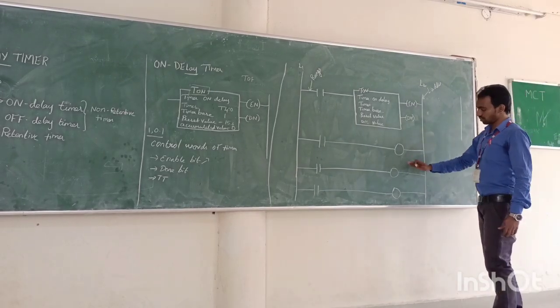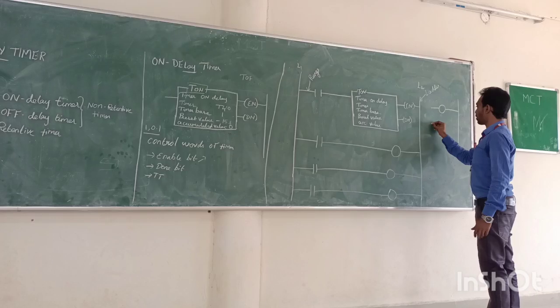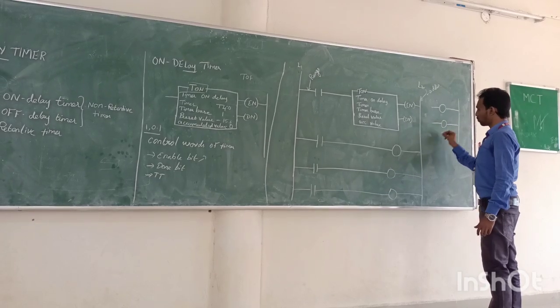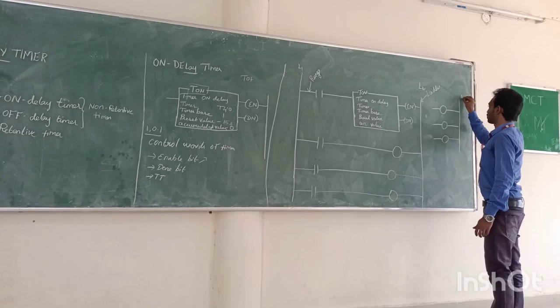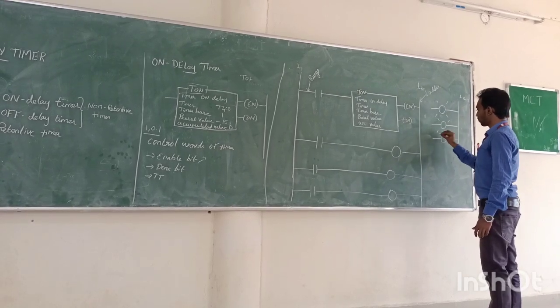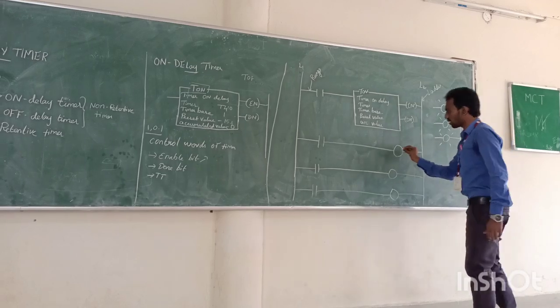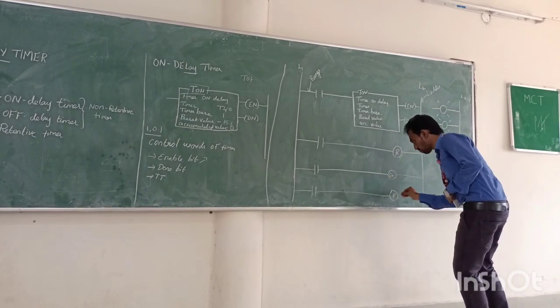So here we are using three output devices. The three output devices are pilot lamps, used for indication purpose. The symbols of this lamp should be in this form. So here we are using red lamp, green lamp and yellow lamp.